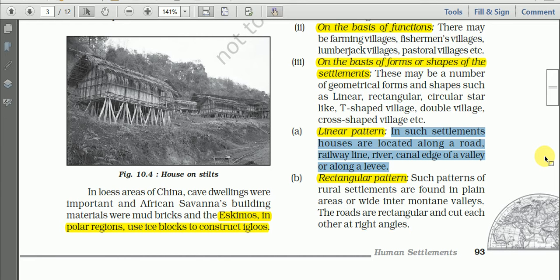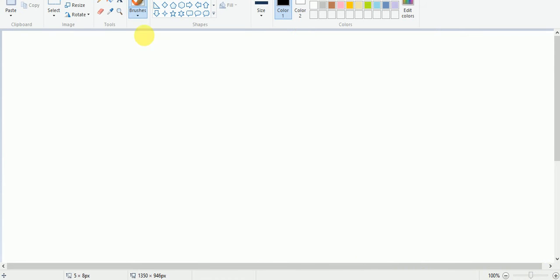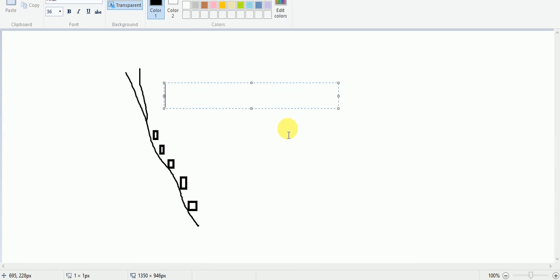In case of linear pattern, let us say this is a river, and here the houses are built just along the bank of the river like this. Let us suppose these boxes are the houses, and along this river the houses are built. So this is an example of a linear settlement.